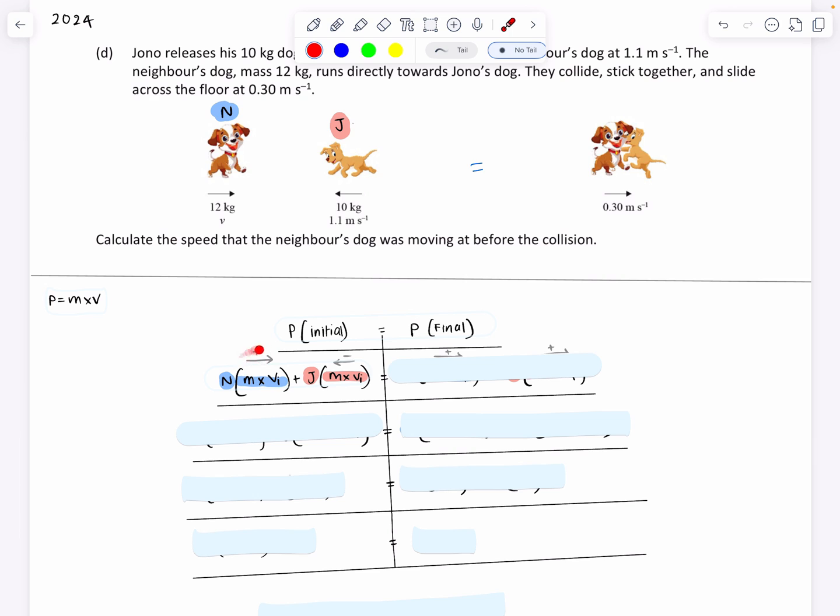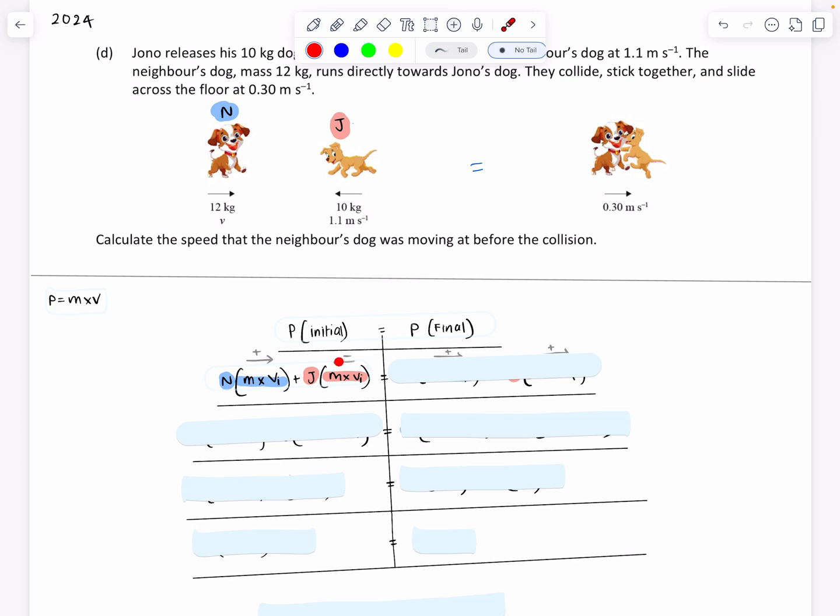So for the sake of this example, I am creating the neighbour's dog to have a positive velocity in this direction, which is signified by the diagram, and Jono's dog, its velocity is going in the opposite direction, so it is going to be a negative value.